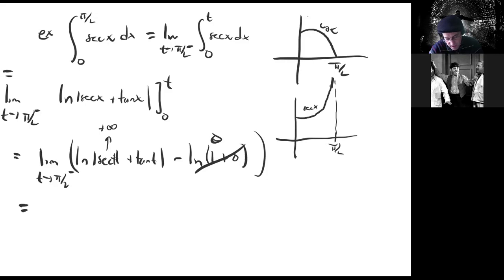The tangent of t is sine over cosine, and cosine of pi over 2 is 0, so that's also going to blow up. So this is going to approach plus infinity, so it diverges. Okay, so it diverges.